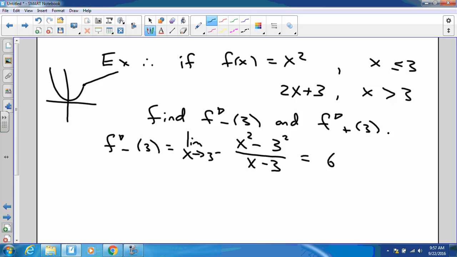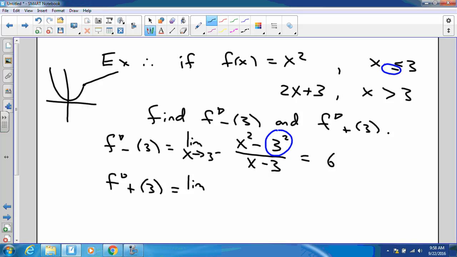What value is it? 6. So this guy is 6. But I want you to keep your eye on this, because this is the point where students often get confused. The reason that f of 3 is 3 squared is that when x is 3, the value of f is x squared, or 3 squared.